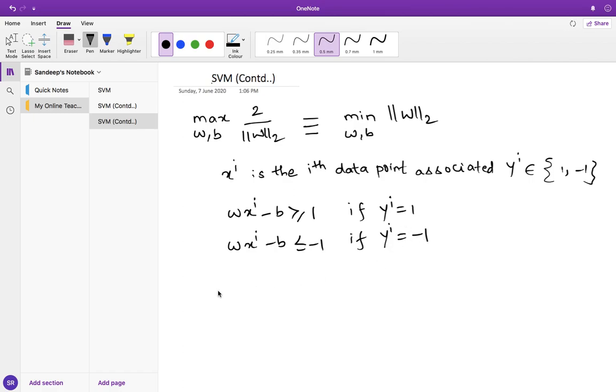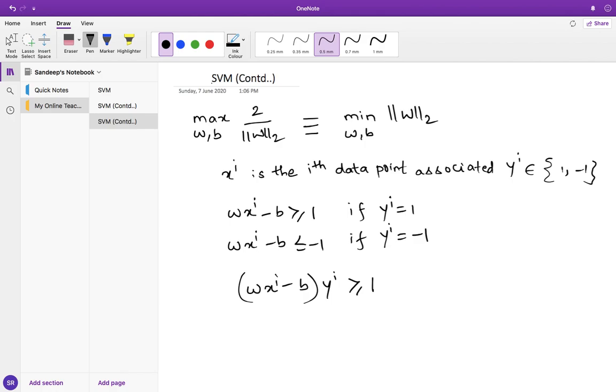So we got these two constraints. These two equations can be written in a single equation as follows: wxi minus b into yi is greater than or equal to 1.